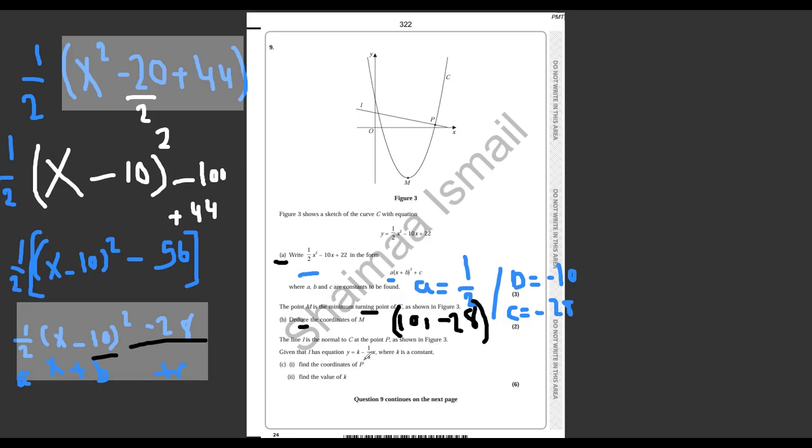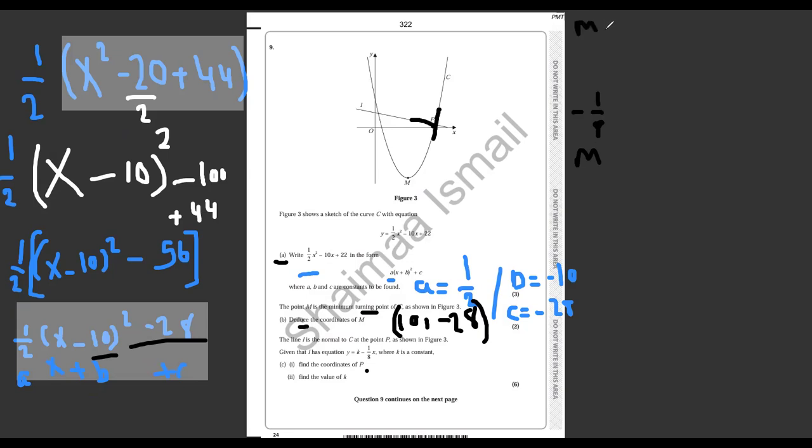Find the coordinates of P. Line L is a normal, perpendicular at the point P shown, and he needs the coordinates of P. First of all, because it's a normal, we have to flip the negative 1 over 8 to get the gradient of the normal.